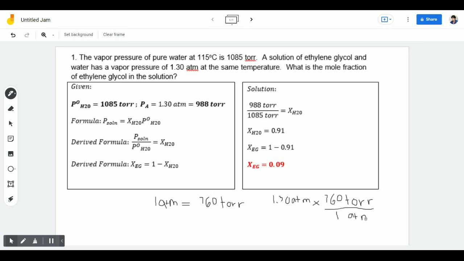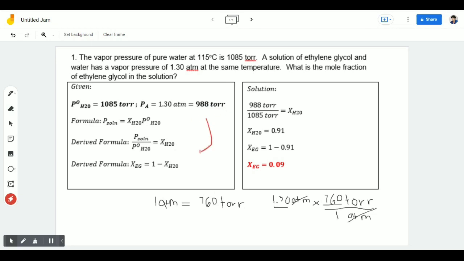So, cancel natin si atm and multiply natin si 1.30 sa 760 and kakalabasan is 988 torr. So 1.30 atm is equals to 988 torr. And yung 988 torr ay yun yung gagamitin natin sa solution.